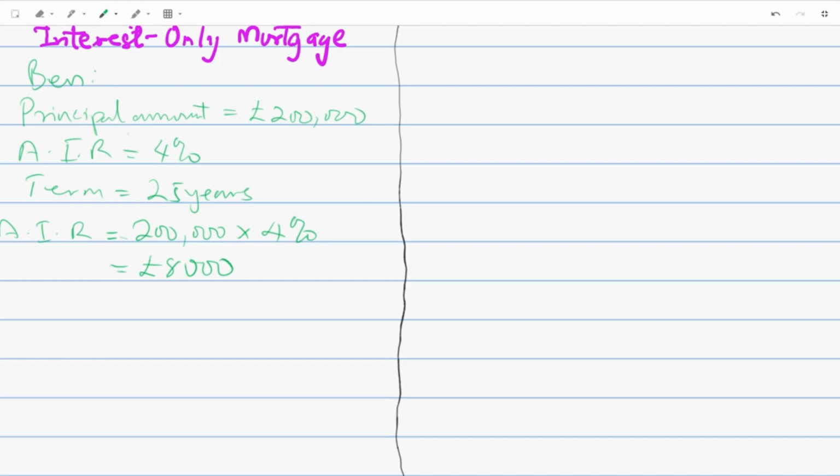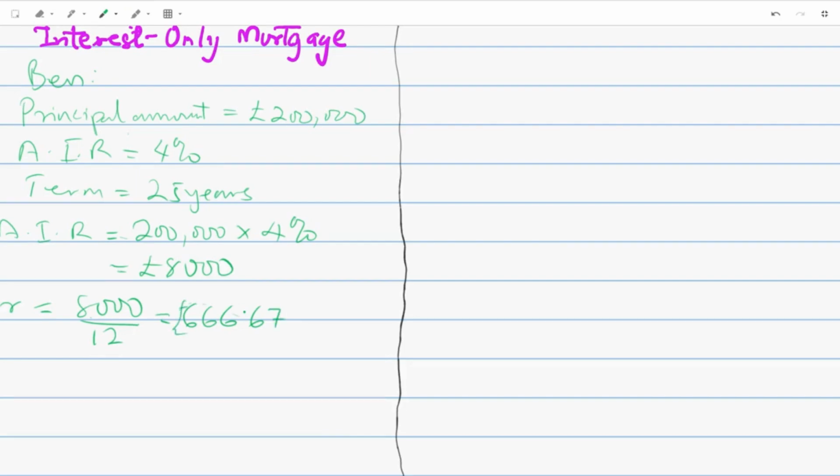Now we need to calculate the monthly interest payment. And to do that, we will have to divide this 8,000 by 12 to get the monthly interest. And if you divide 8,000 by 12, you should have 666.6. I think it's 0.6666, but let's just keep it at 7 here.